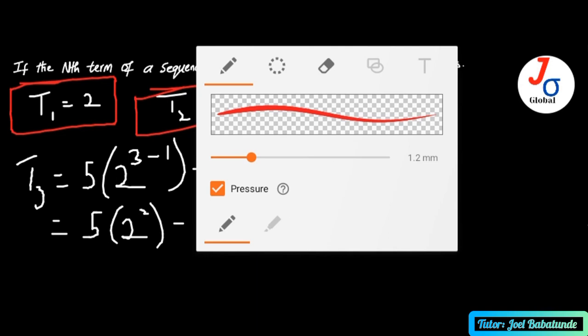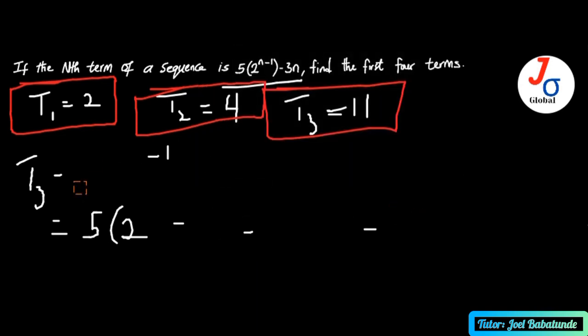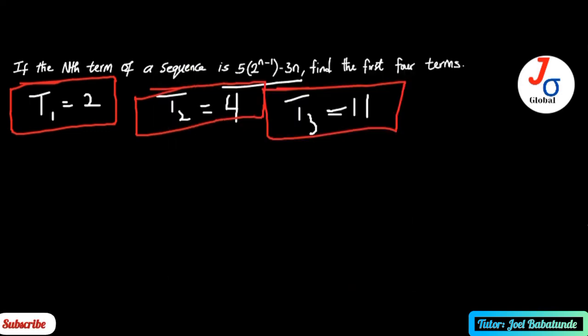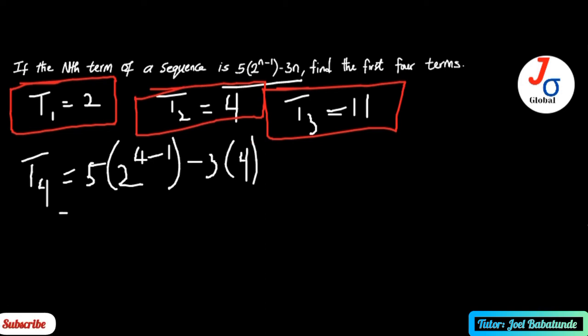We're solving for the last term now. We want to solve for T4, the fourth term. So we have 5 times 2 raised to the power of 4 minus 1, then minus 3 times 4. 4 minus 1 is 3, and 3 times 4 is 12.